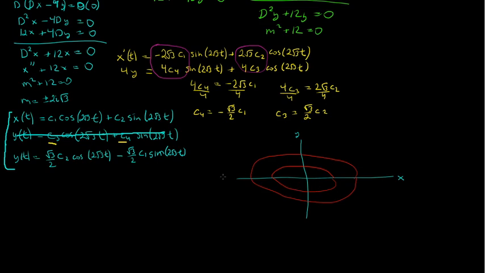So pretend these are ellipses. I'm trying to figure out whether these go counterclockwise or clockwise. If you start at t equals 0, you get C1, so x is C1. And when t is, say, pi over 2, or when this combination is pi over 2, you're up here. So I think you're going counterclockwise here.